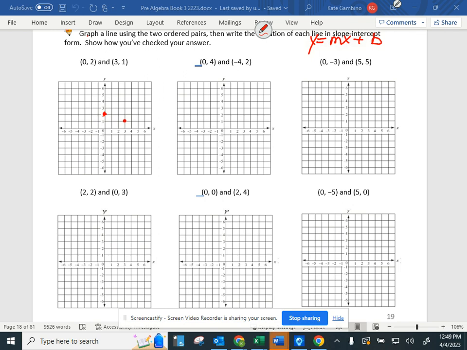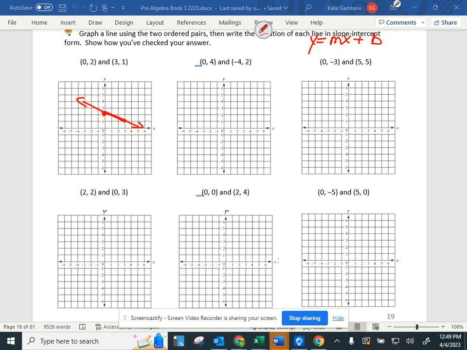Now remember, if we are graphing a line, I am not just connecting the dots. That's a segment. We're graphing a line, so I need to go over and put an arrow at each end, remembering where my two dots are. So you're showing the difference between a line and a segment.